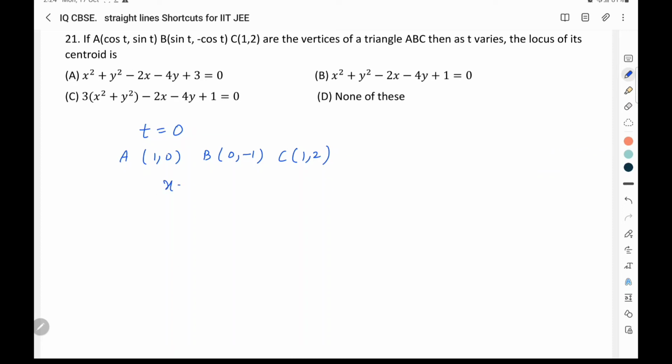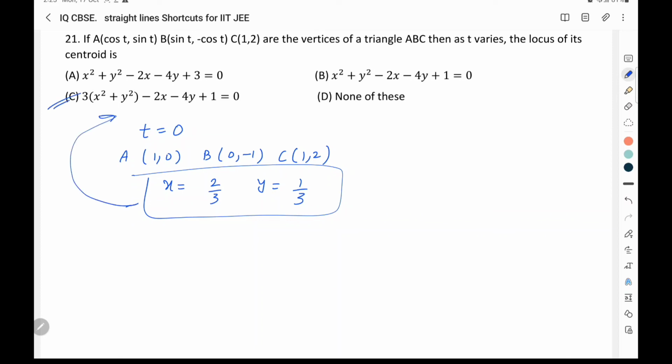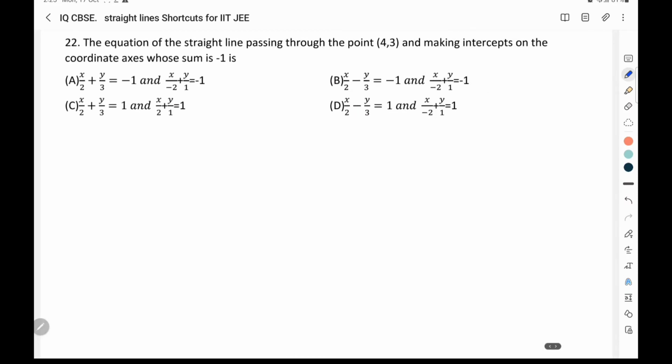Now centroid x is equal to 2 by 3, that is (x1 plus x2 plus x3) by 3, and y value is 1 by 3, again (y1 plus y2 plus y3) by 3. Just use these x and y values in the question and you will get the answer. Easy, right?